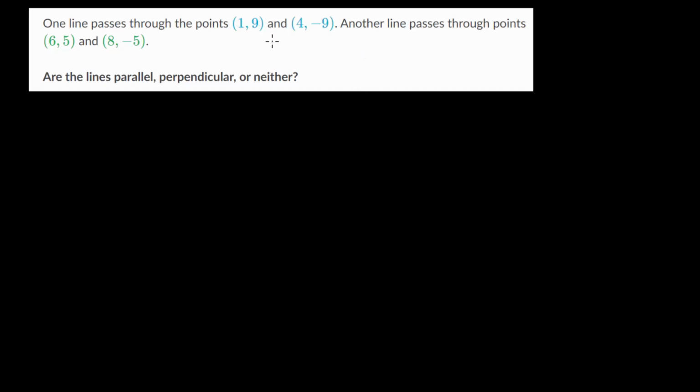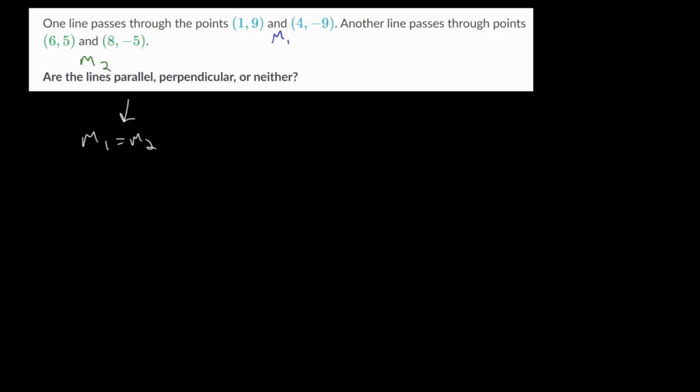If we call the slope of the line through these points m1, and we call the slope of the line through these points m2, then looking at the relationship, we can figure out if they're parallel, perpendicular, or neither. If they're parallel, m1 and m2 are equal.